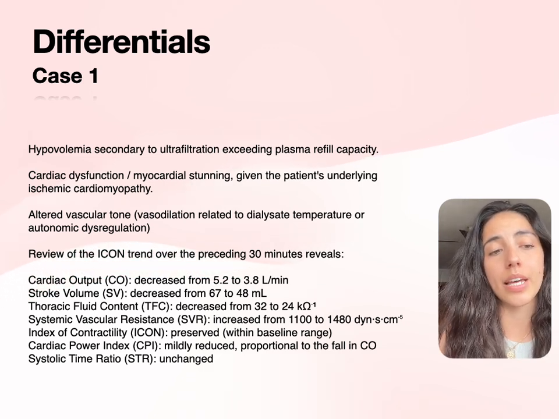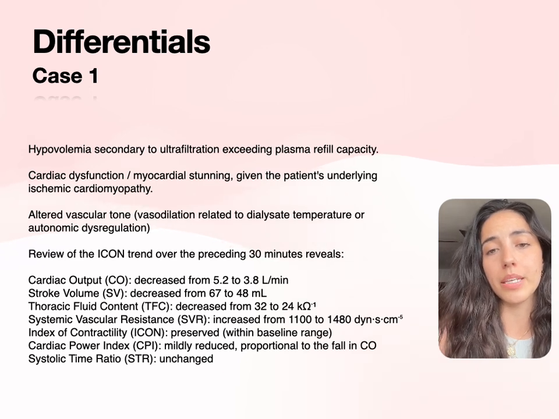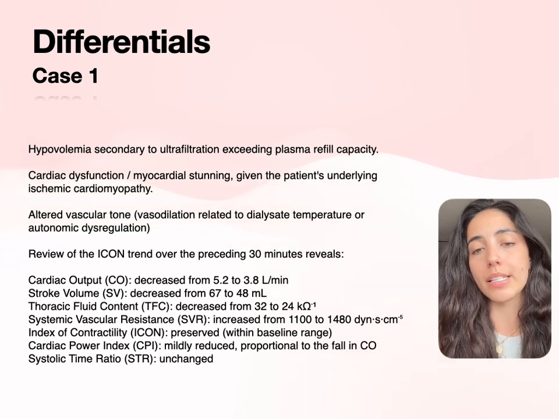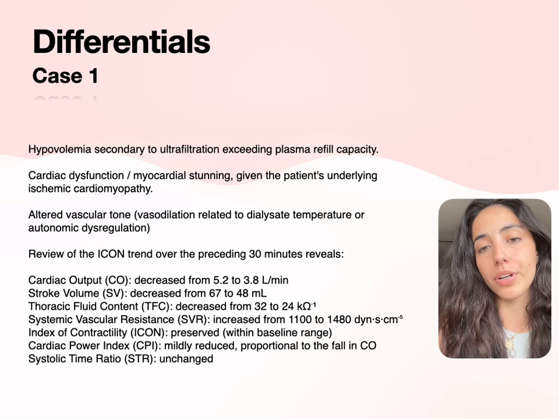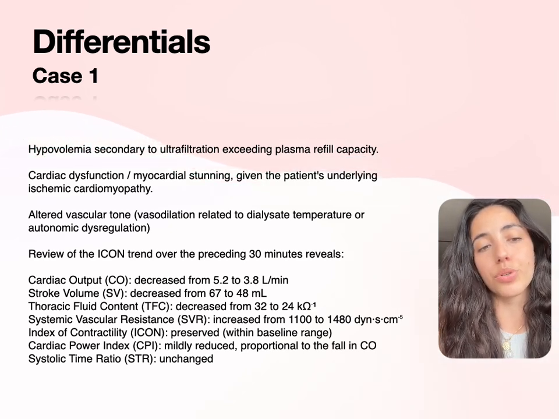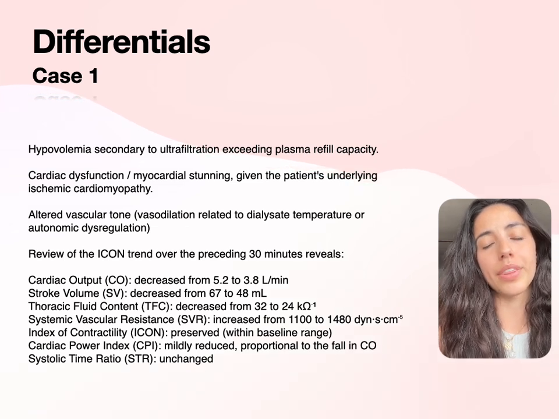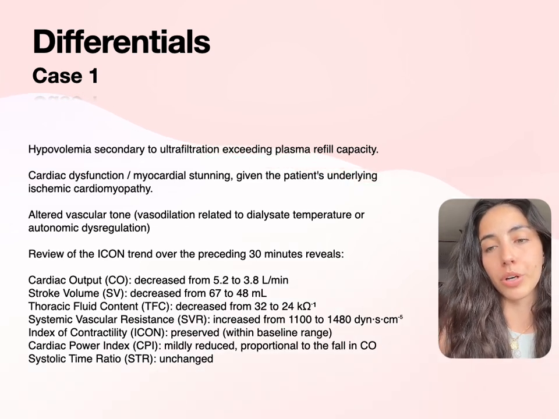We can also see that, of course, the TFC has decreased, which is also more suggestive of hypovolemia because, as we've previously discussed, it's a parameter that measures a patient's volume status, and the stroke volume has also decreased, with the rest of the parameters being relatively normal.